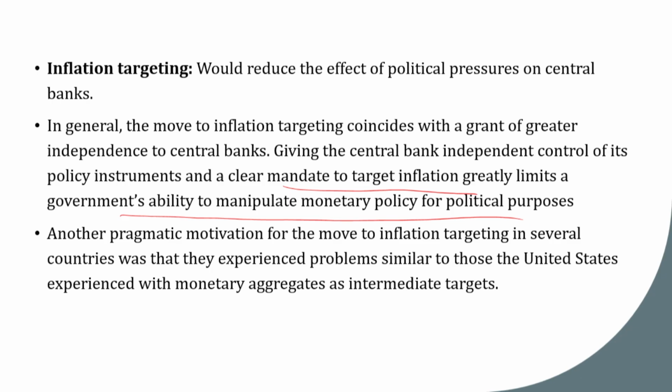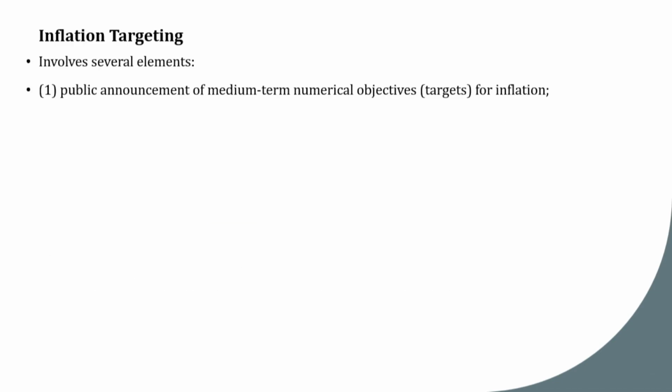Another pragmatic motivation for the move to inflation targeting in several countries was that they experienced problems similar to those the United States experienced with monetary aggregates as the intermediate targets. Inflation targeting involves several elements. One is public announcement of medium-term numerical objectives, that is, a target for inflation. For example, in India, currently it is 4% plus or minus 2.